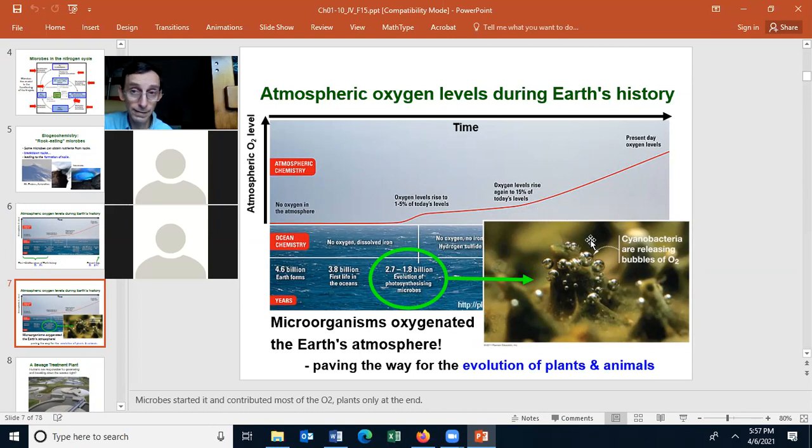And then once green plants evolved, they also started putting out oxygen. But even today, with the oxygen being at 21%, half of that oxygen is from microorganisms, and the other half is from green plants. So even today, microbes are extremely important for the level of oxygen in the Earth's atmosphere. And at the start, they were the only thing putting oxygen into the Earth's atmosphere. Any question about that?